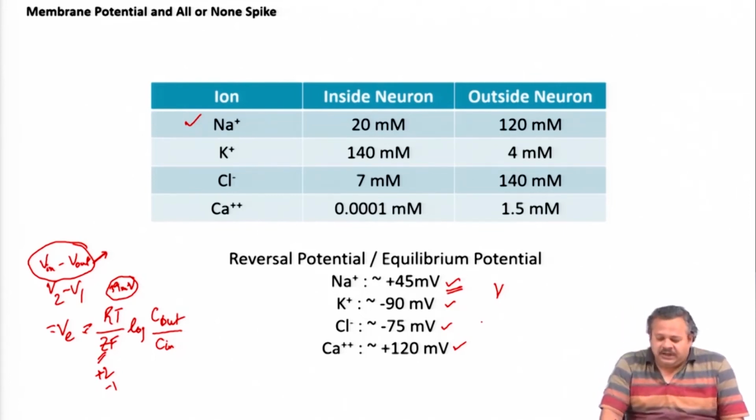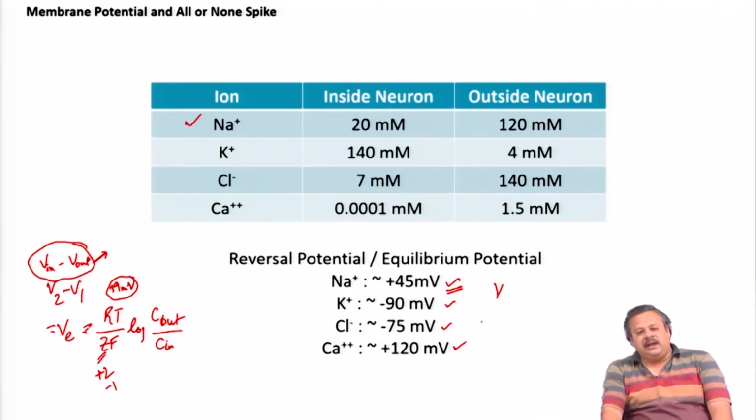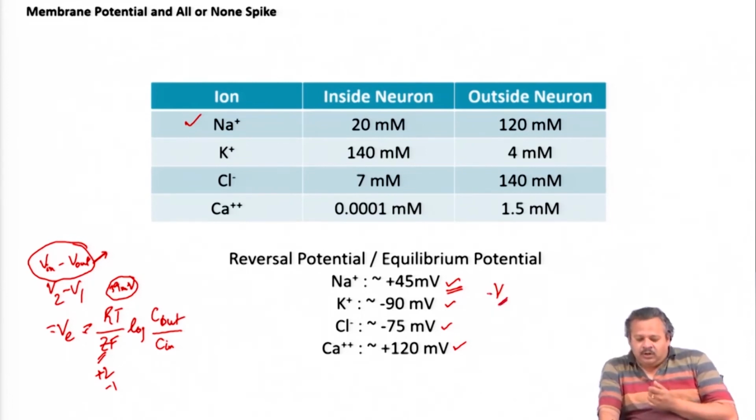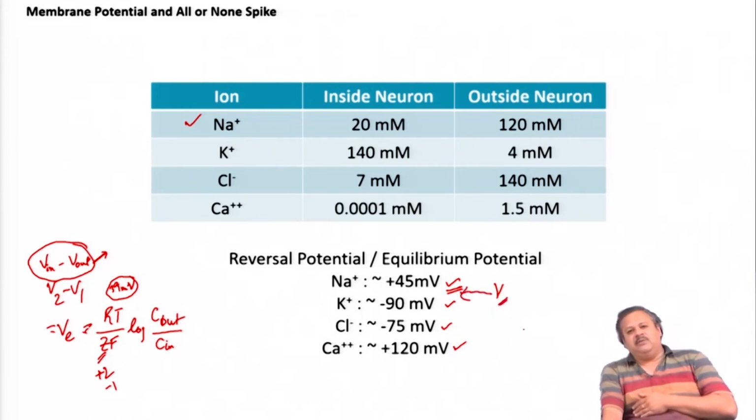In other words, if a path is available for the particular ion in question, let us say we are considering sodium ions, and let us say sodium at a particular voltage V, if there is a possibility of sodium to flow across the membrane, then the sodium ions will flow in a direction such that the voltage V is pulled towards this +45 millivolts.